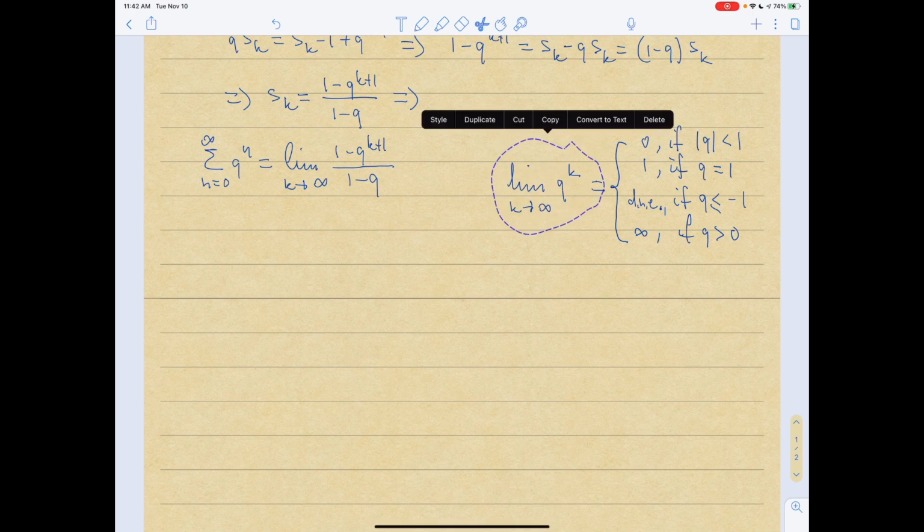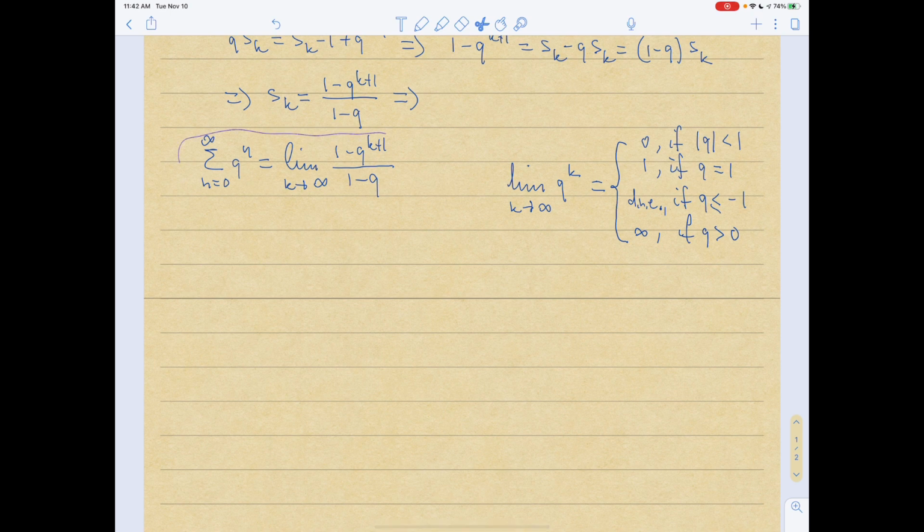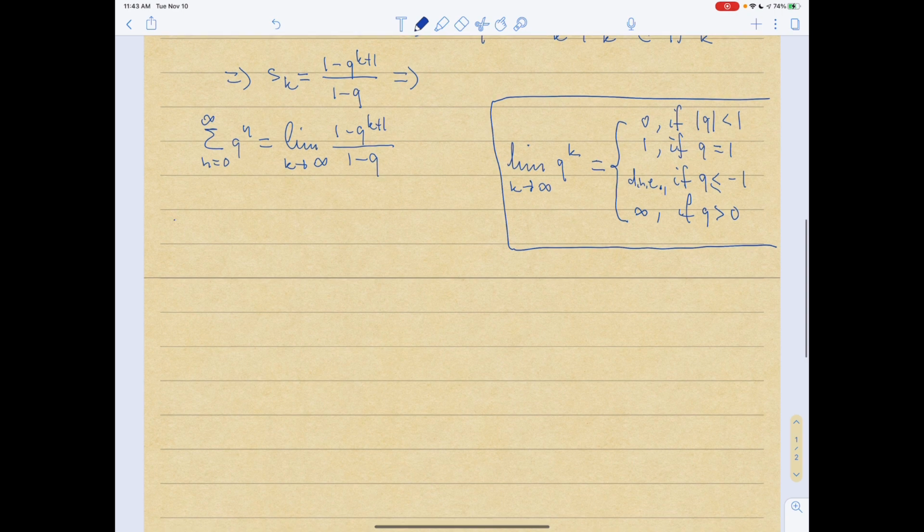And now the question is, what should I expect up here? Well, again, the only dependence on k comes from q to the power k plus 1. So that will determine the behavior of the entire expression. So what is this going to be equal to? If the magnitude of q is less than 1, then we said that q to the k must go to 0.